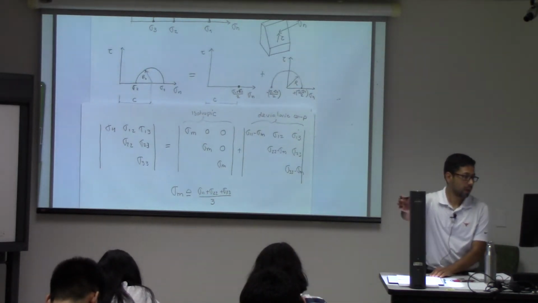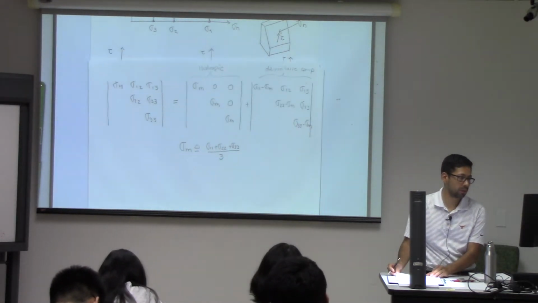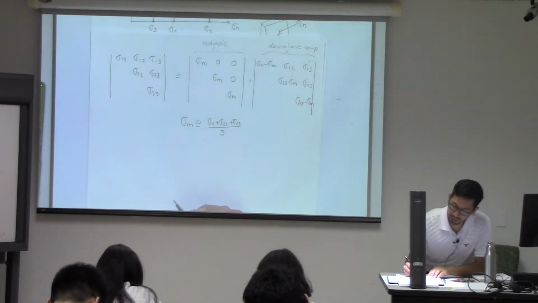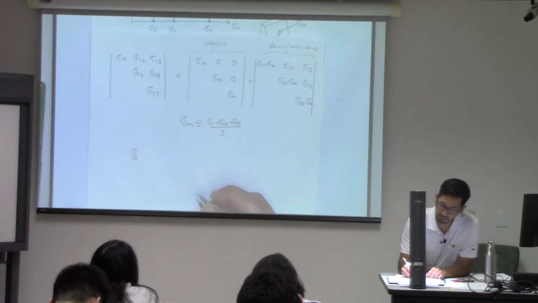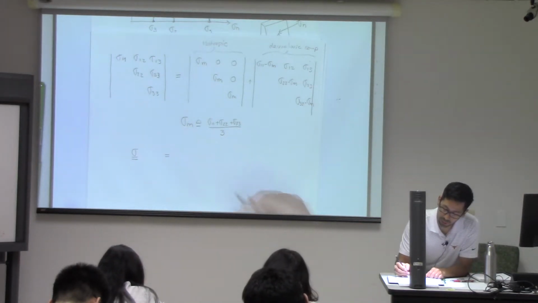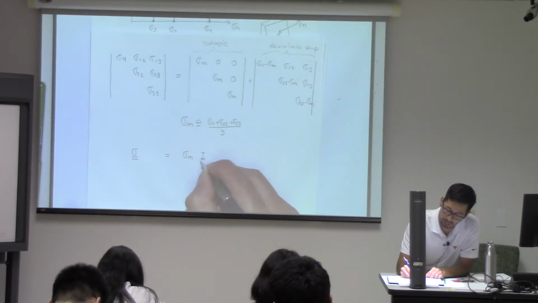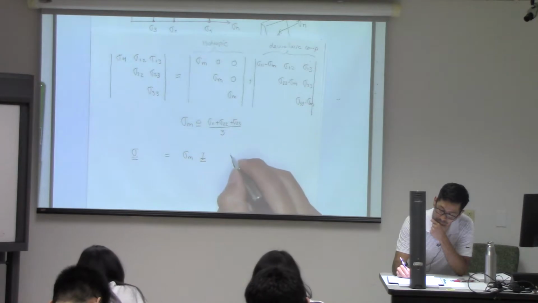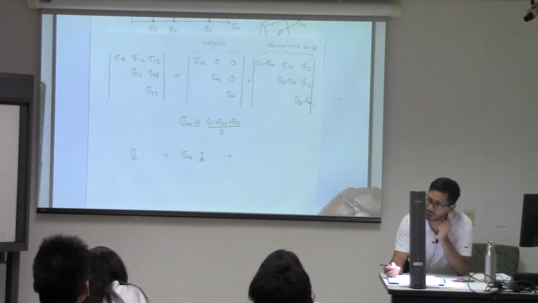And I can further, we already know the graphical part, so I'm going to cover that. I can further simplify this as vector sigma is going to be equal to sigma m times the identity tensor plus, I'm defining now what this is.